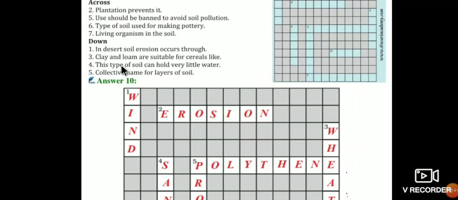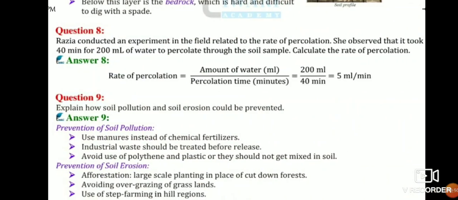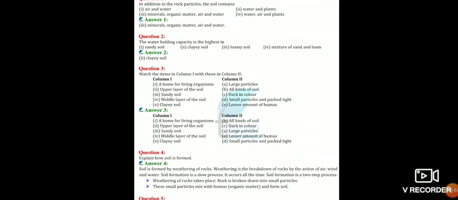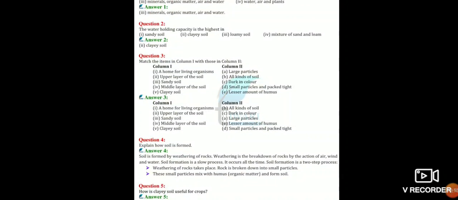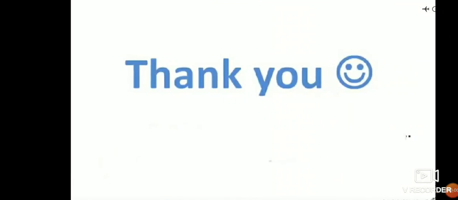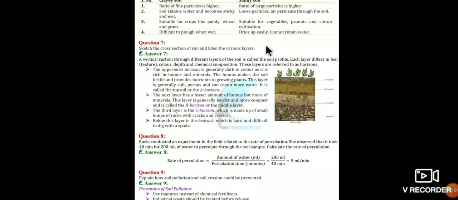And third one, clay and loam soil are suitable for cereals like. In the previous lesson we already studied this, they gave an example. See here, sandy soil or loamy soil is suitable for vegetables and cotton cultivation, but clay soil is suitable for wheat and gram.